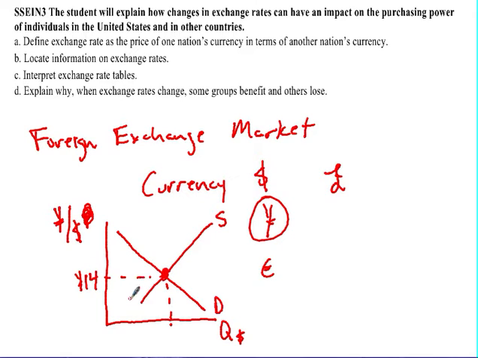It's actually about 100, but anyway, if it's 14 yen to buy a dollar, that means that if you want to buy something in the U.S. from Japan, you would need to exchange, and that would be the rate of exchange. Before I jump ahead of myself, let me do some examples.